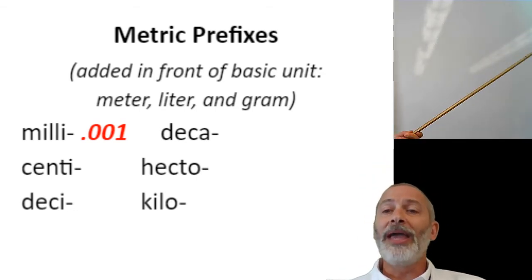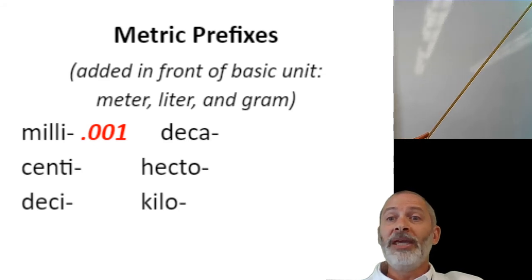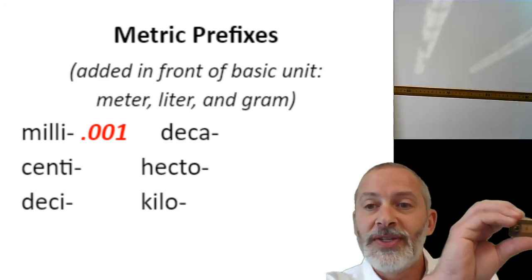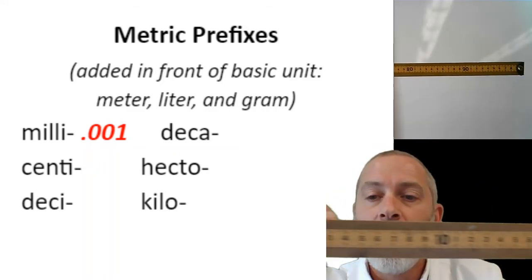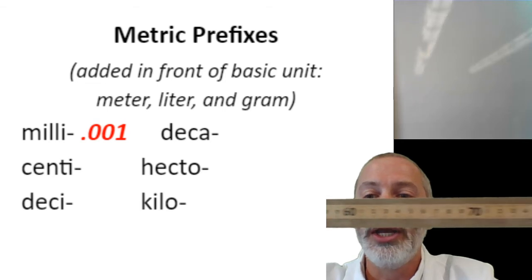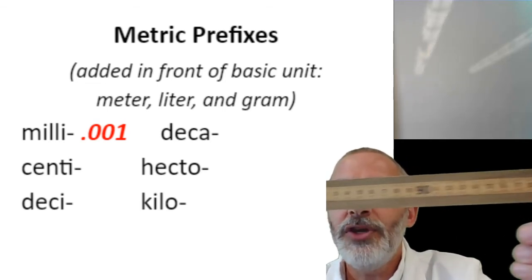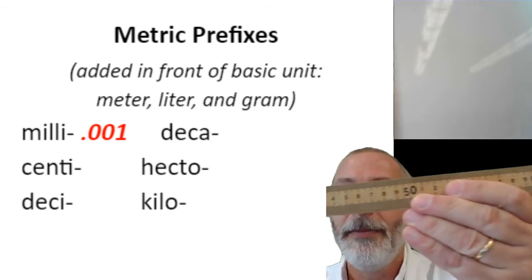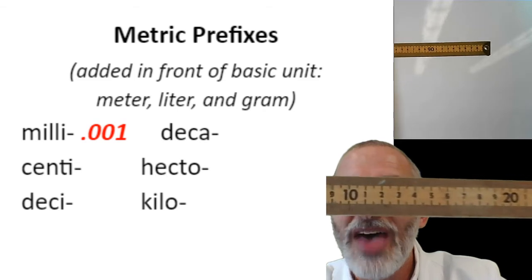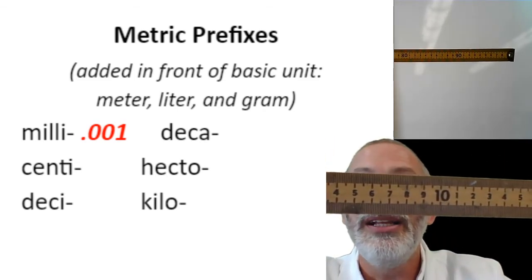I showed you a meter stick earlier. This is 1 meter long. If I hold it right in front of me, you can see how long this meter is. It is 1 meter long. But if you take this 1 meter and you divide it into 1,000 little slices, which is what all these tiny little lines are.